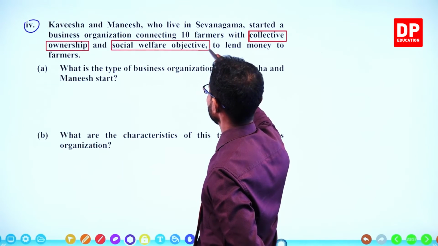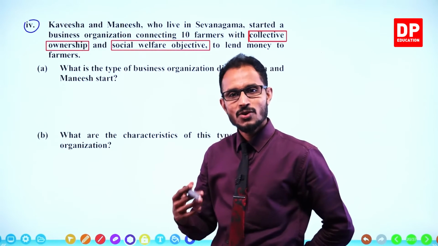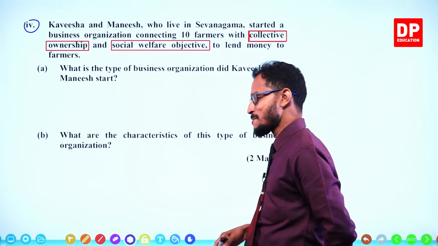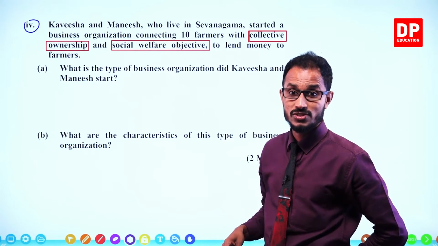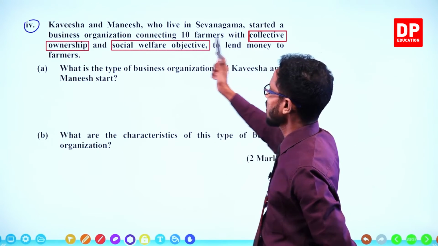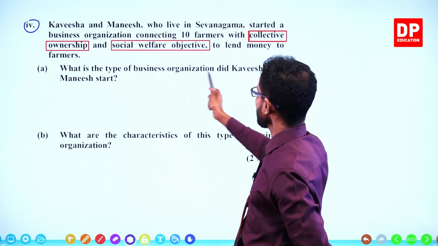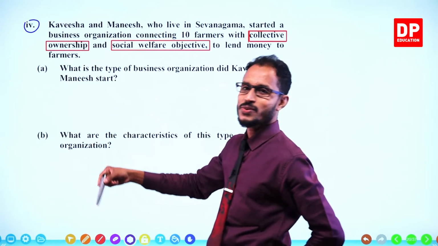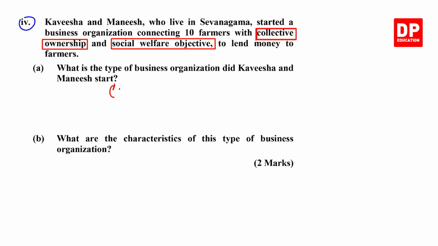There is the other keyword, welfare objective. They're talking about cooperative societies, okay? To lend money to farmers. What is the type of business organization? Cooperative society.